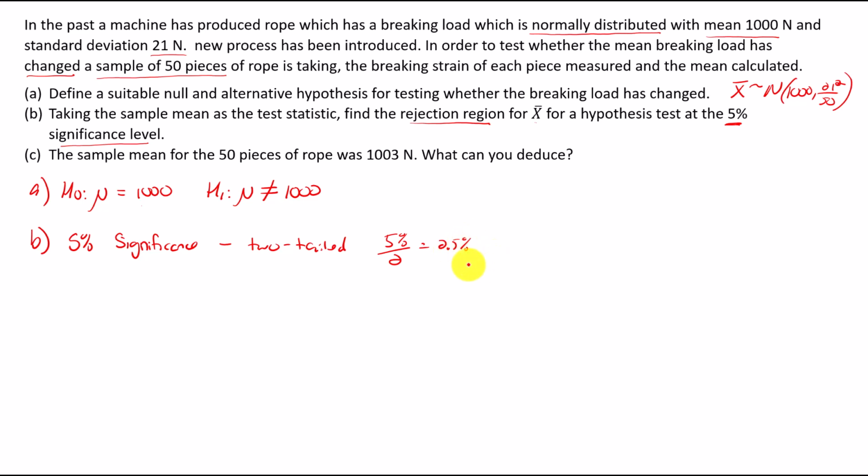So I have to account for that. If I'm looking at my normal distribution now, there's 2.5% this way and 2.5% that way. So this is 0.025 and this is 0.025.